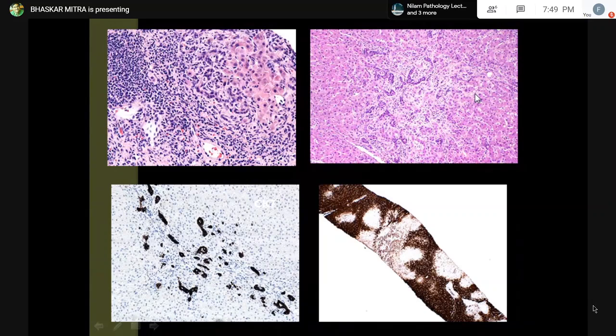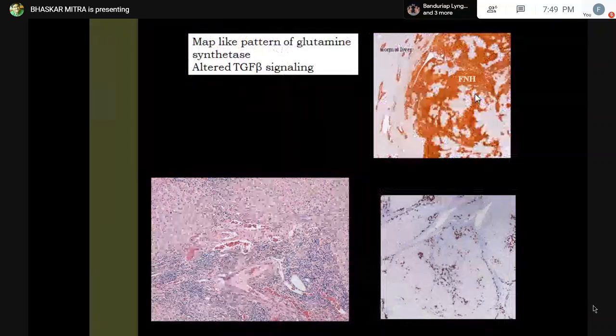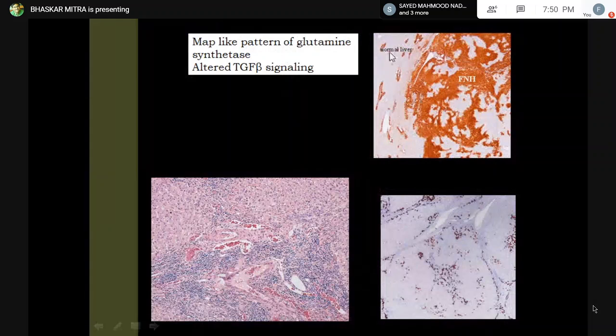Now, coming to the immunohistochemistry part of this focal nodular hyperplasia case, if we stain it with glutamine synthetase, it shows a map-like pattern. In the perivenular areas, they show absence of this glutamine synthetase, but in the periphery there is a positive staining. At the same time, the normal liver tissue doesn't show the glutamine synthetase expression.